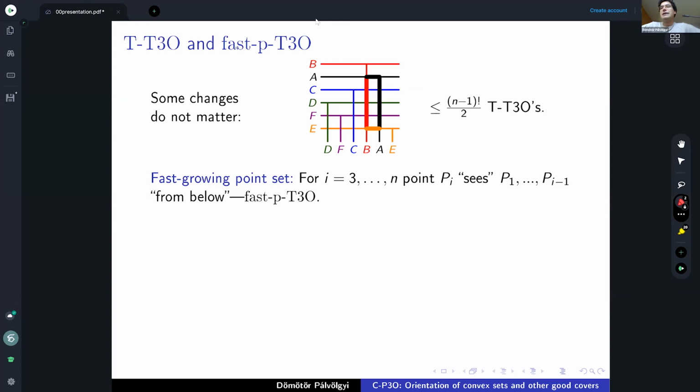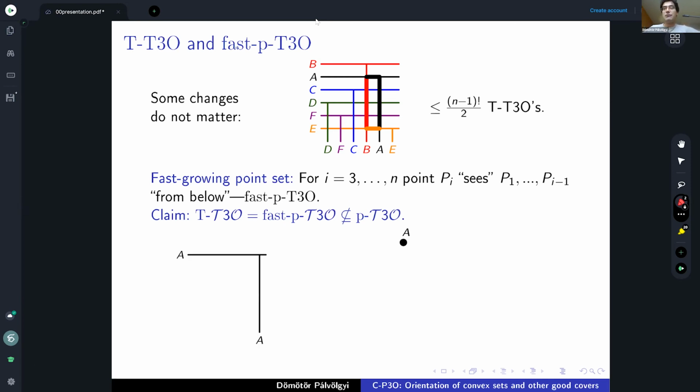We say that a point set is fast growing if always when you take the next point, it will see the other points from below. I know this is not very clear, but I will give you an example. Let me define these fast growing point sets.